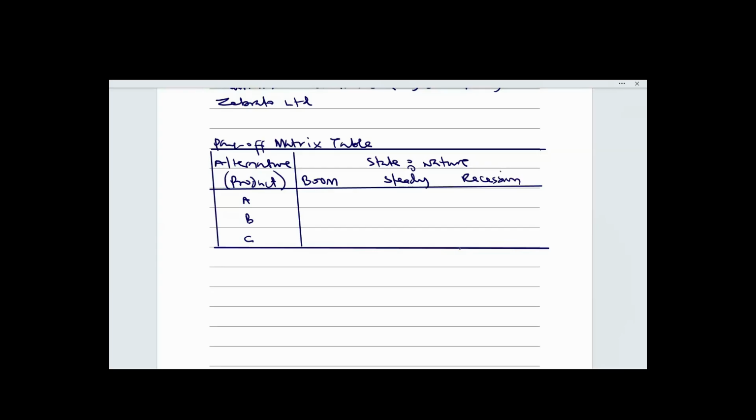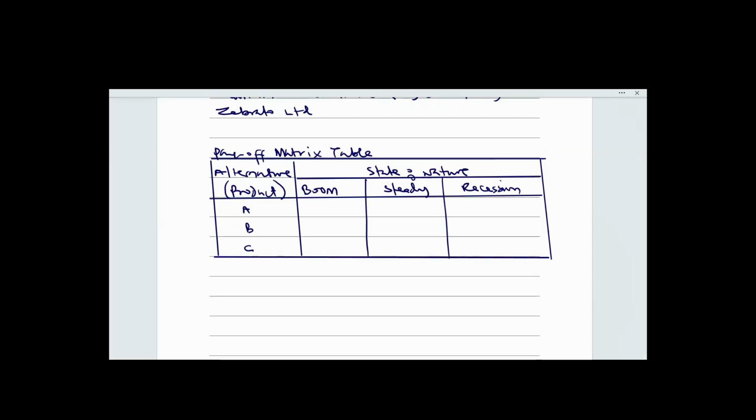These are the three states of nature given to us. Therefore, I will then go back to the question to interpret or to convert the scenario given in the payoff table.